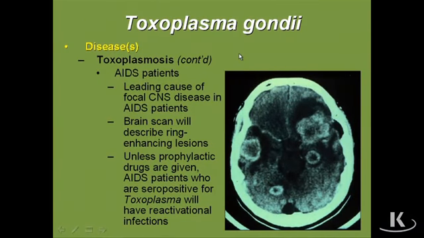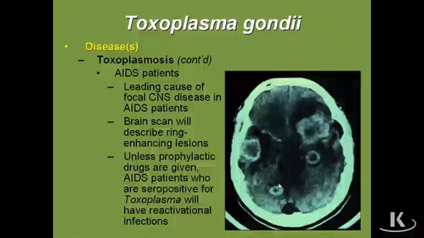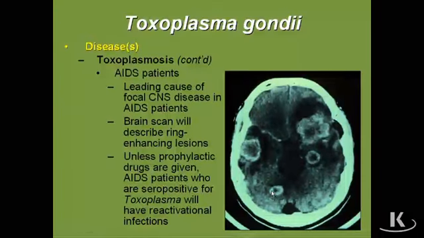So the last situation I want to talk about with toxoplasma is an AIDS patient. This is the leading cause of CNS disease in AIDS patients. So the typical vignette is going to be that you have an AIDS patient coming in, they've got kind of these chronic headaches, and typically they'll order a brain scan, and as I'm showing in the image here, one of the buzzwords you're going to have to know are ring-enhancing lesions.